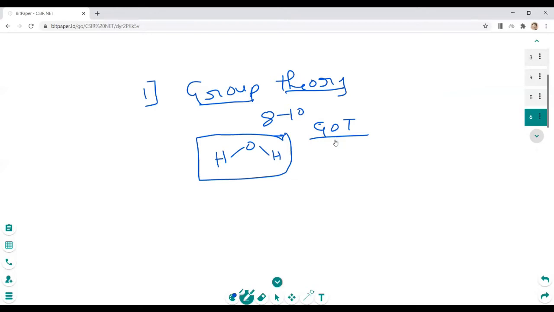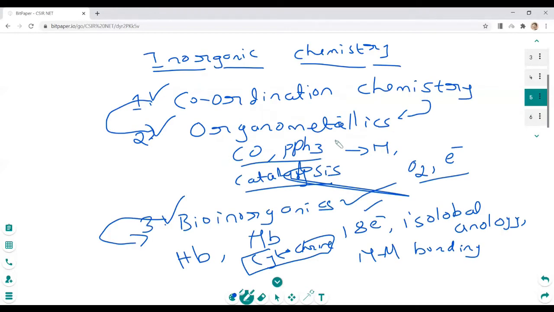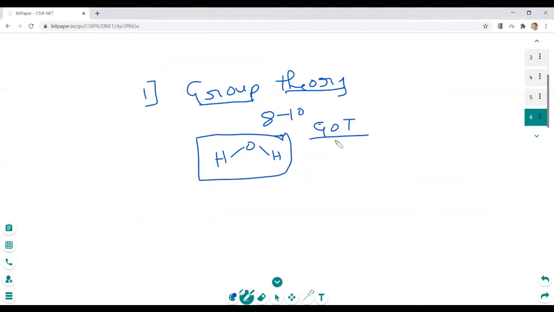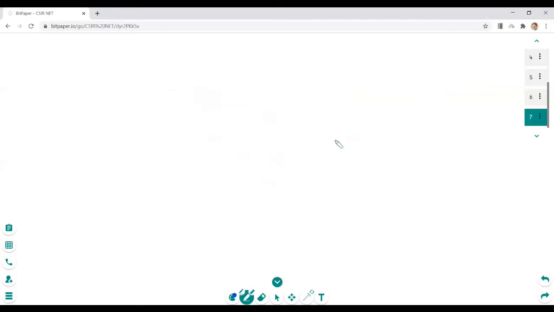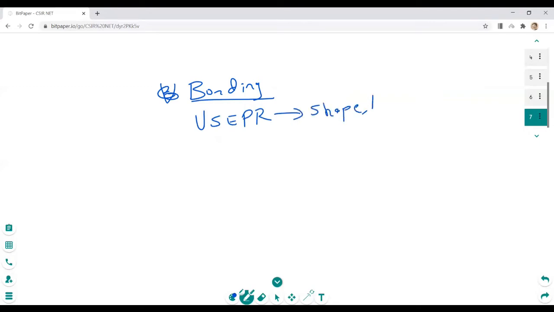Apart from these 3, coordination, organometallic, bioinorganic, and group theory, then comes the other part of inorganic, some general things like bonding. In bonding, one of the favorite topics of the people who ask these questions is VSEPR, valence shell electron pair repulsion theory. Using this, they will generally ask what the shape is and how many lone pairs.